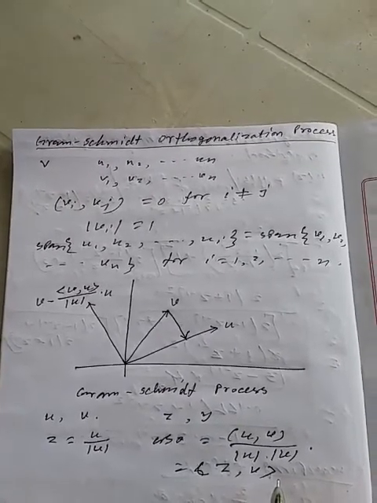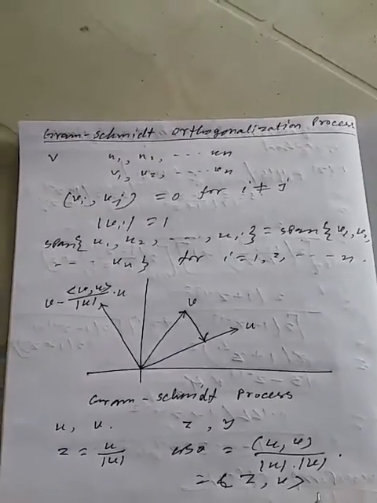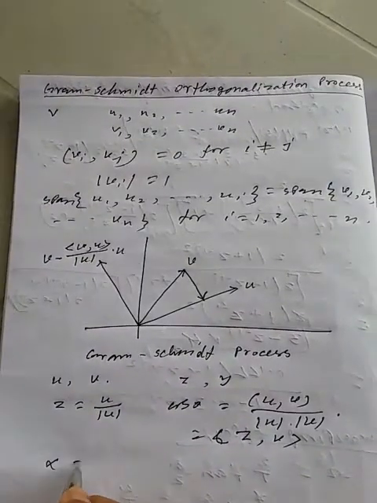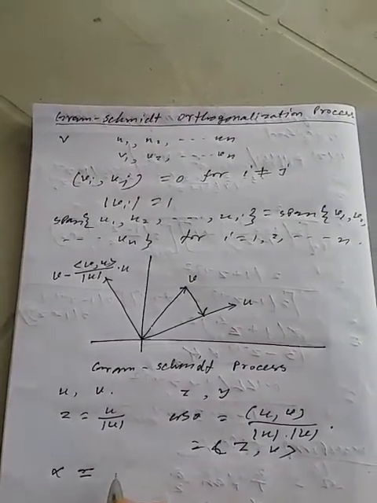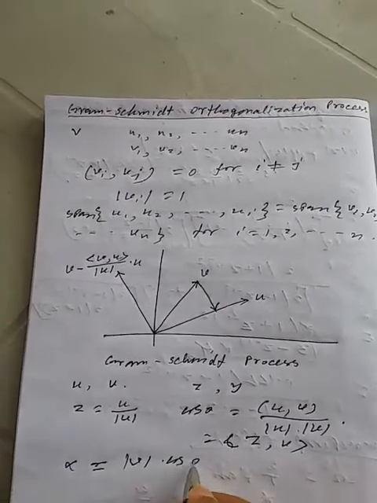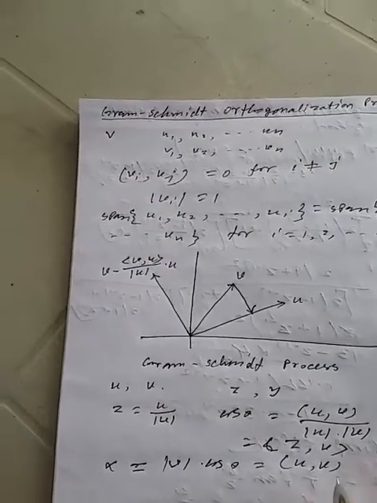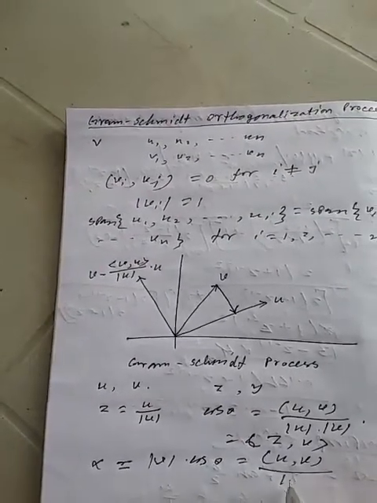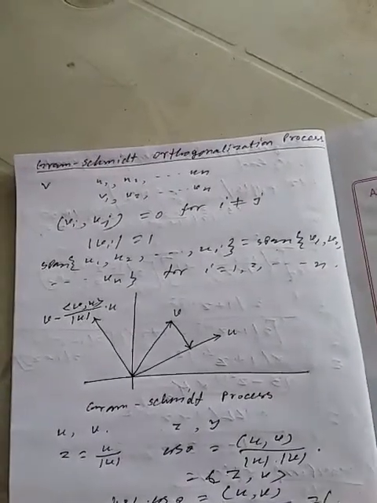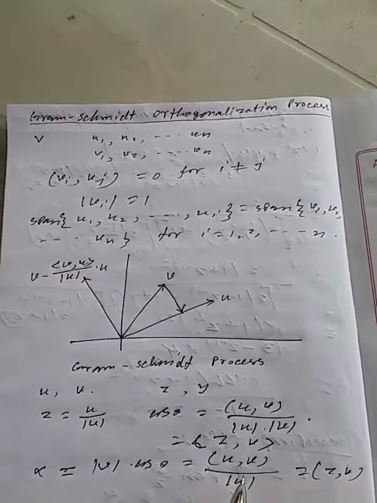So if we define a term alpha equal to mod of v into cos theta, equal to the inner product of u and v divided by mod u, equal to the inner product of z and v, as it is written here.